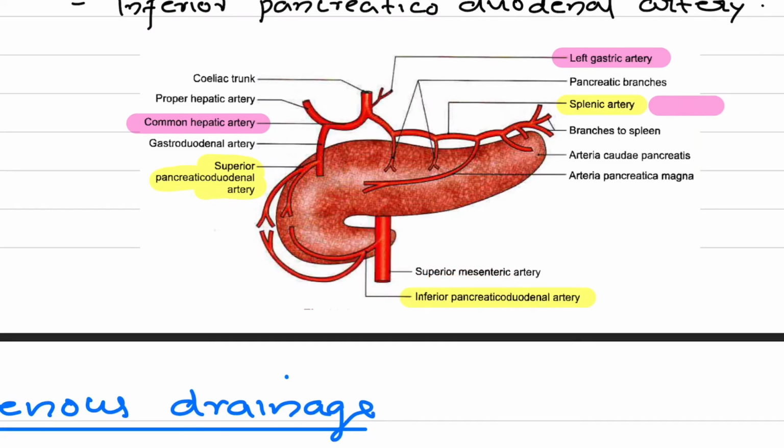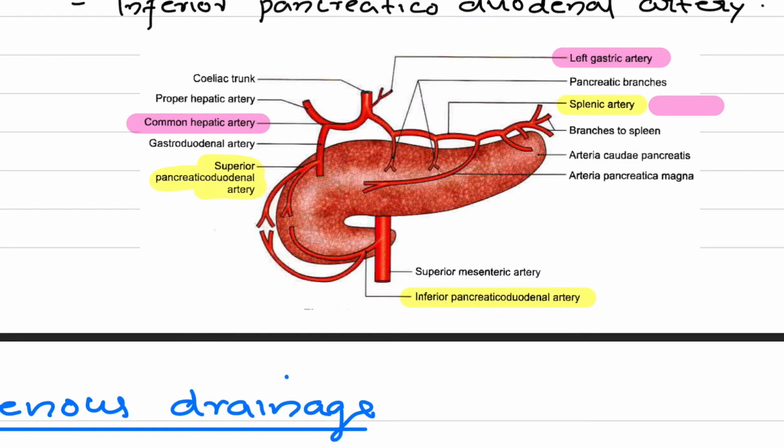The superior and inferior pancreaticoduodenal arteries anastomose at the right lateral border of the head. We discussed it when we discussed the head of the pancreas. Remember, the upper border has the superior pancreaticoduodenal artery, the lower border the inferior pancreaticoduodenal artery, and the right lateral border the anastomosis.